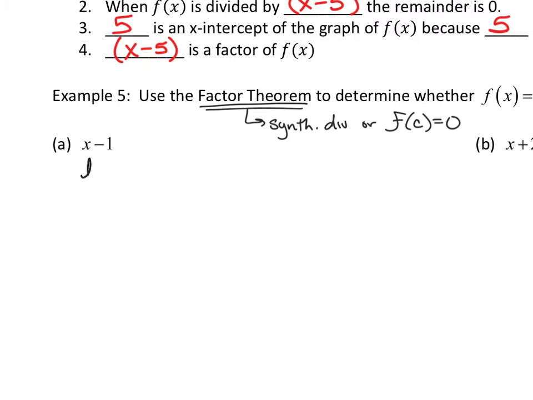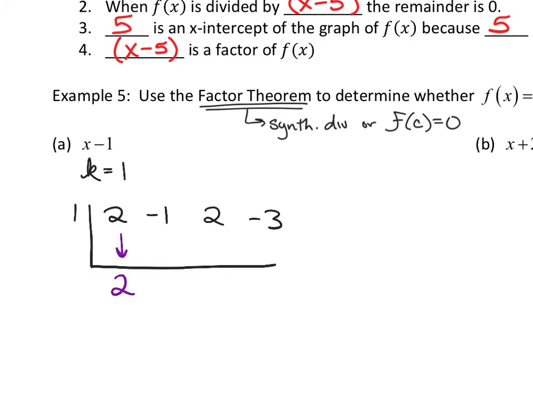What's the k value I want to use here? 1. Because x minus c is the formula, or x minus k. So k is what I'm going to use on the outside of this synthetic division, and I set it up with just the coefficients of the function that I'm dividing, which would be 2, -1, 2, -3. When I do this division, if the remainder is 0, then it's a factor.